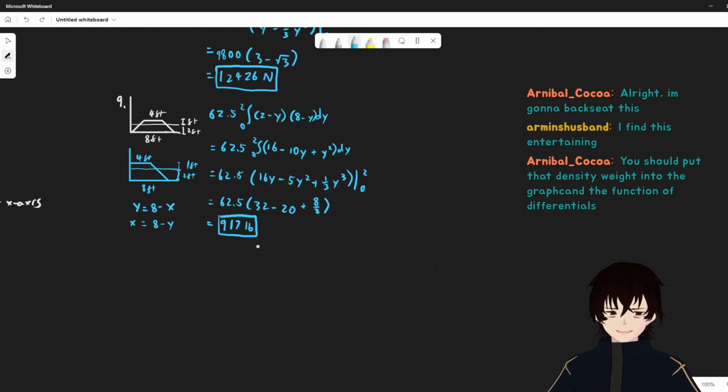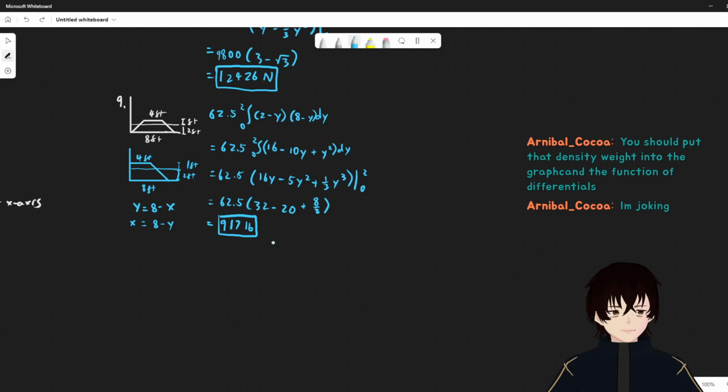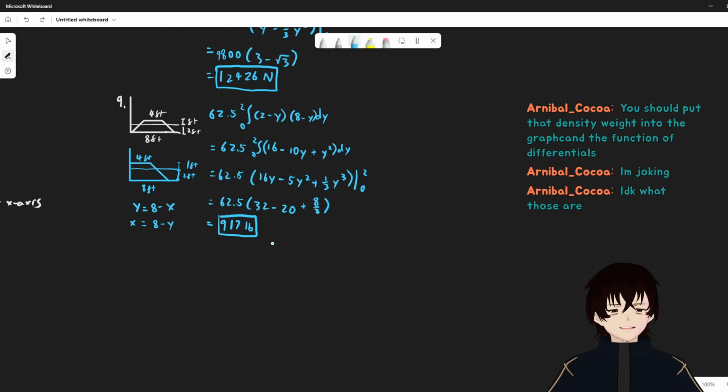But am I doing something wrong? I could put the density weight into the graph and the function of differentials. It's function of the differentials. Yeah, I wasn't quite understanding what that meant.